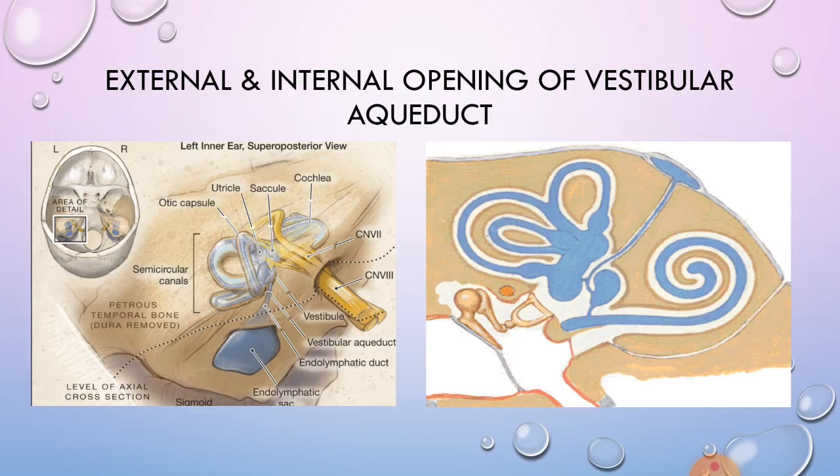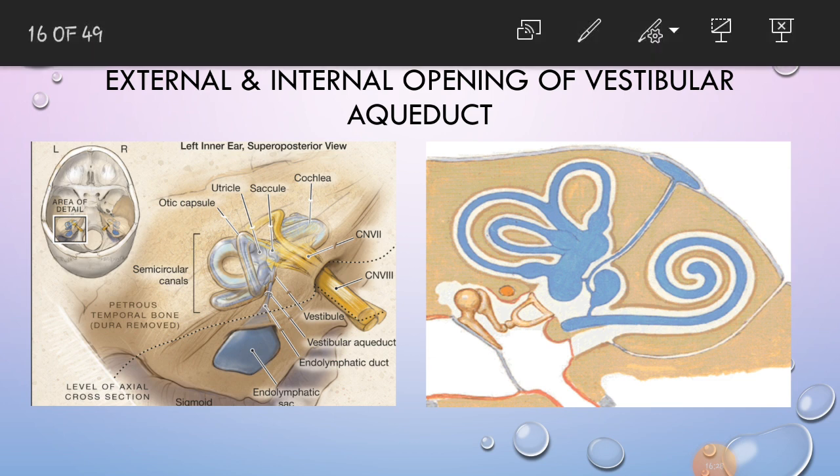Now here in this diagram, you can see the external and the internal opening of the vestibular aqueduct. Have a look at this diagram. This is the vestibular aqueduct. Now, I don't want you to focus on the blue thing, just focus on the bony canal. This bony canal is the vestibular aqueduct, okay?